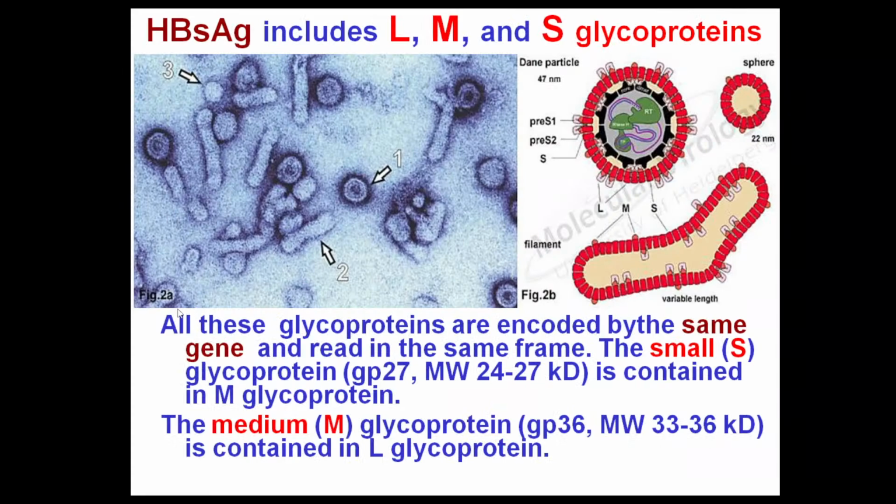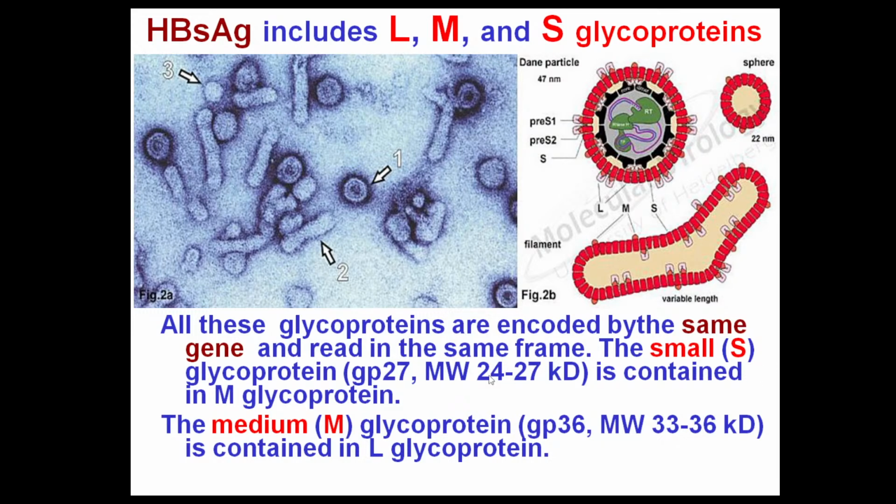So then, if we are talking about glycoproteins, we may distinguish L, M, and S glycoproteins. Do you remember how you measure the size of T-shirts? S, M, L. That's how we measure the size of the hepatitis B surface glycoproteins. All these glycoproteins are encoded by the same gene and read in the same frame.